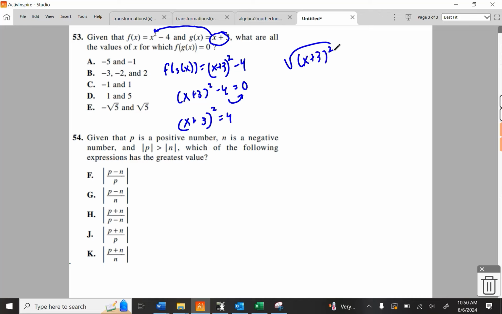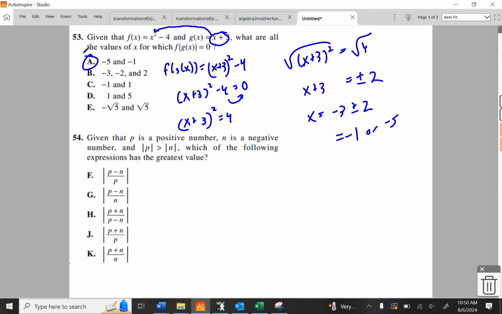That quantity of x plus 3 squared, take its square root. Square root of 4 is plus or minus 2. This will free up x plus 3. Then we're going to shift that 3 over, and then we're going to add or subtract 2. Now, negative 3 plus 2 is negative 1, or negative 3 minus 2 is negative 5. So those should be the answers. Not that hard.